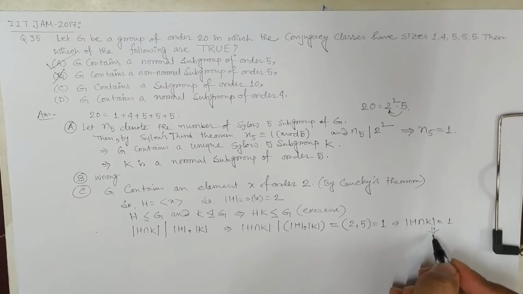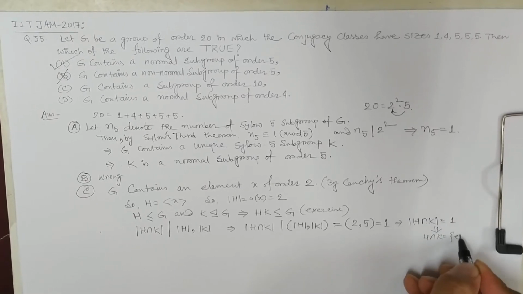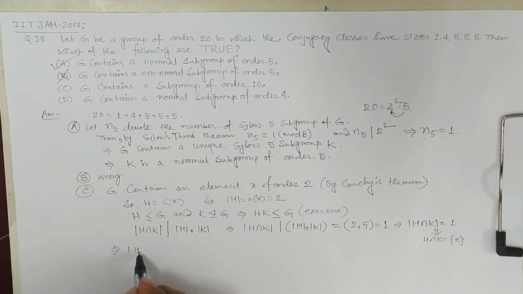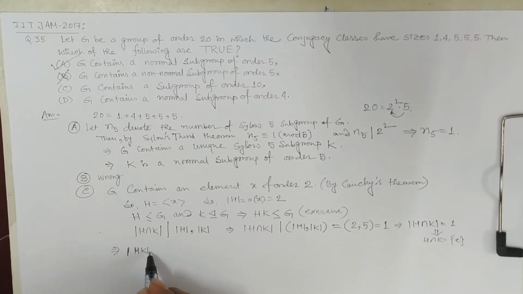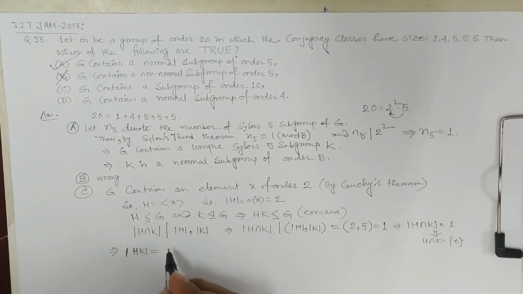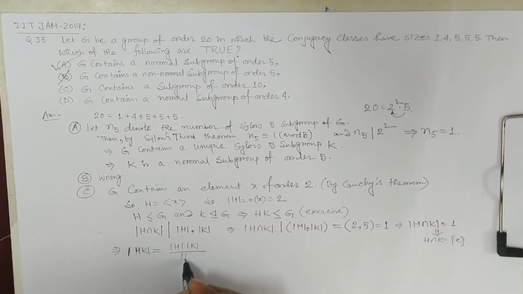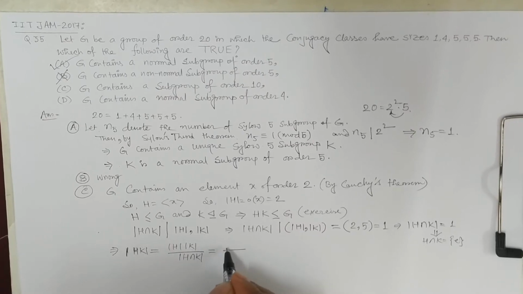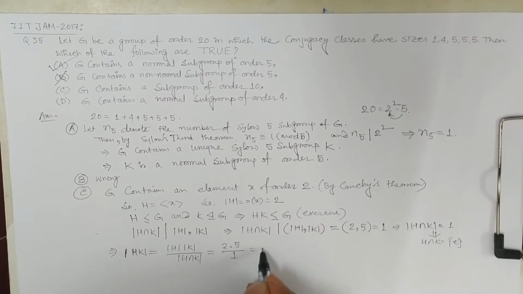Therefore H intersection K is trivial. This in turn implies we can talk about the cardinality of HK. Here HK is a subgroup by some standard theorem of algebra, and its cardinality is 2 times 5 divided by 1, so it is 10.